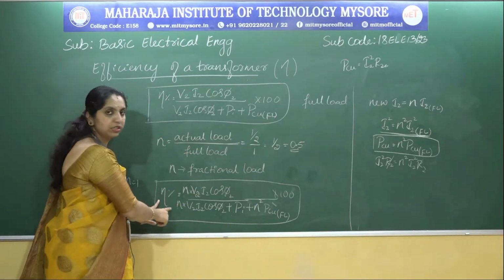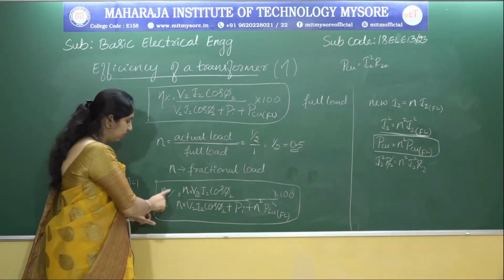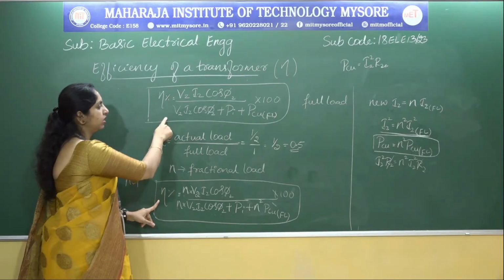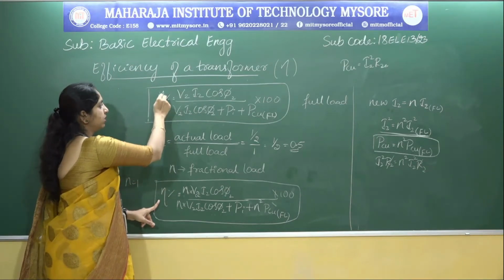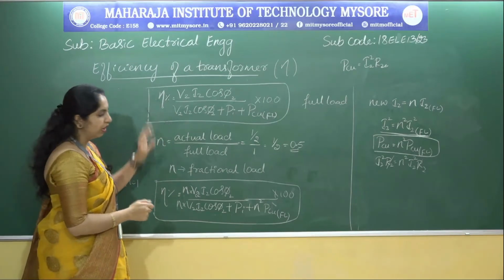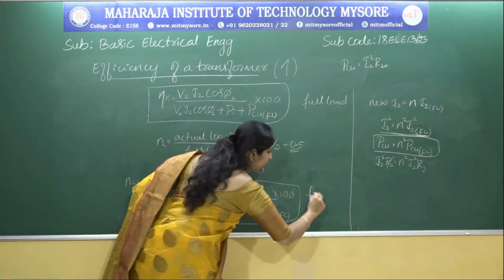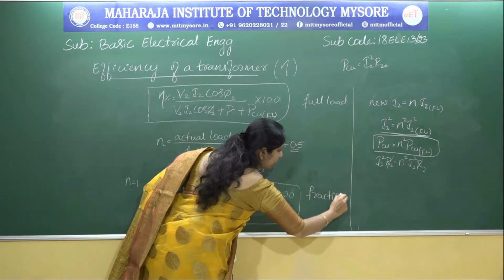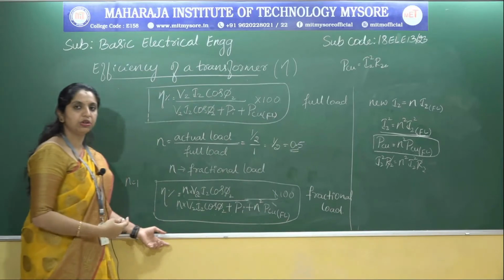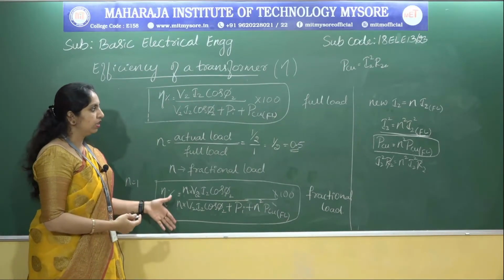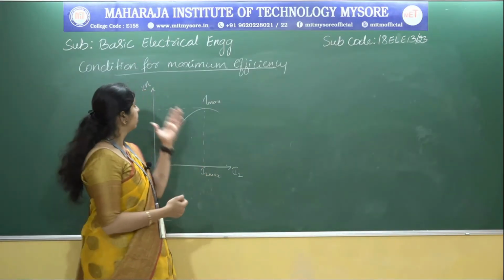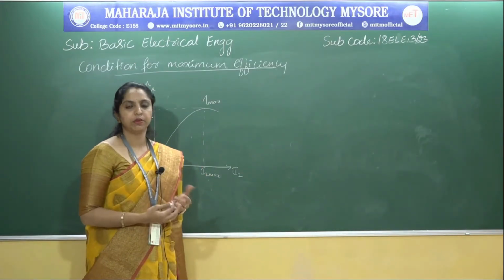Remember, this equation is for the fractional load, and this is the equation of efficiency for the full load. If we substitute n equal to 1 in the fractional load equation, we get the efficiency equation for the full load. Next we are going to consider the condition for maximum efficiency.